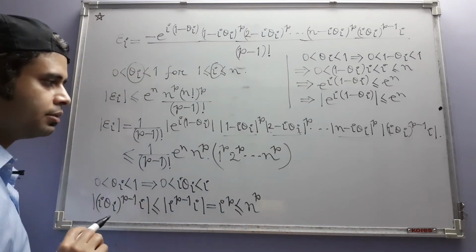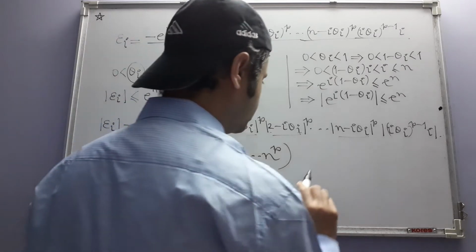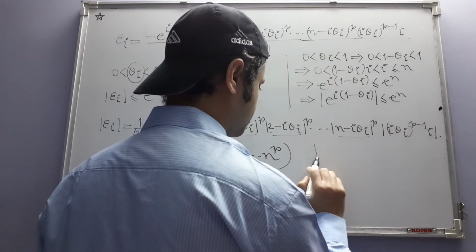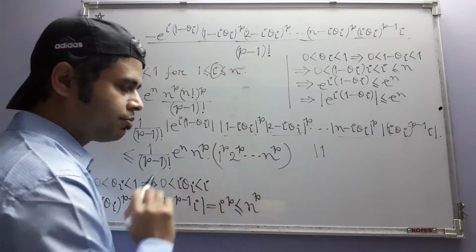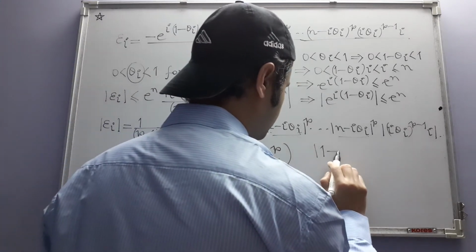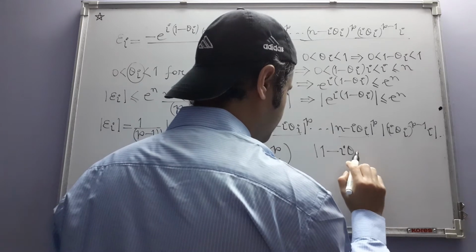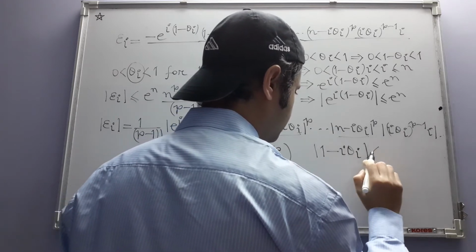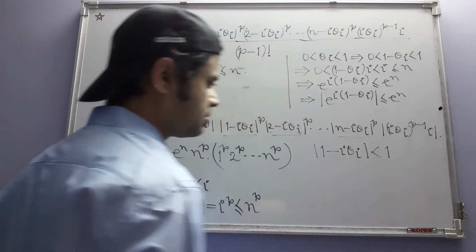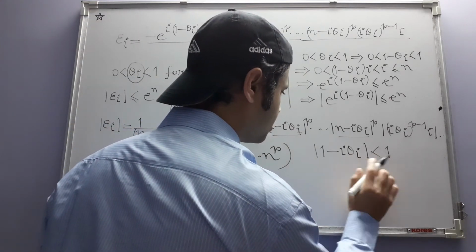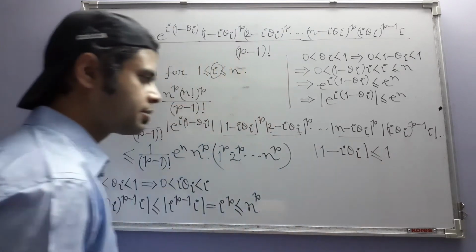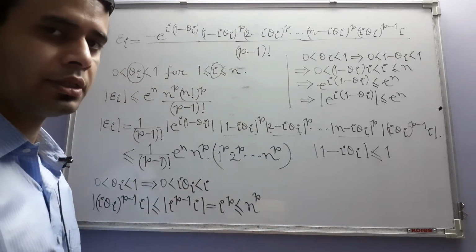That would be fine unless you have a situation like this. Say we consider the first one itself. The first one says that this is less than 1, or for the sake of being somewhat relaxed, let us consider it to be less than or equal to 1.